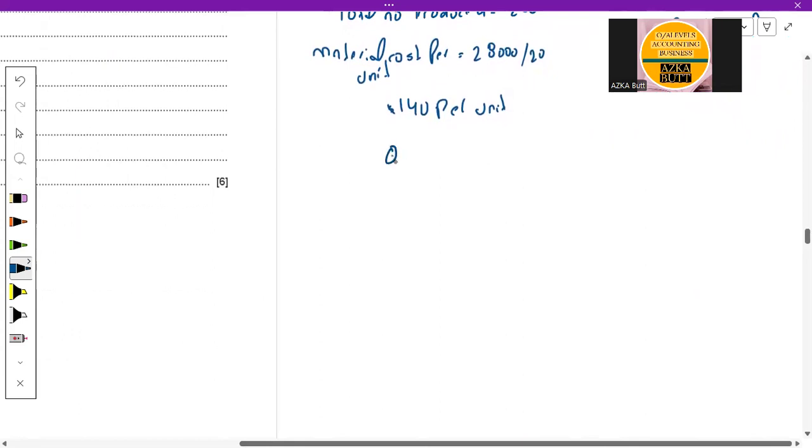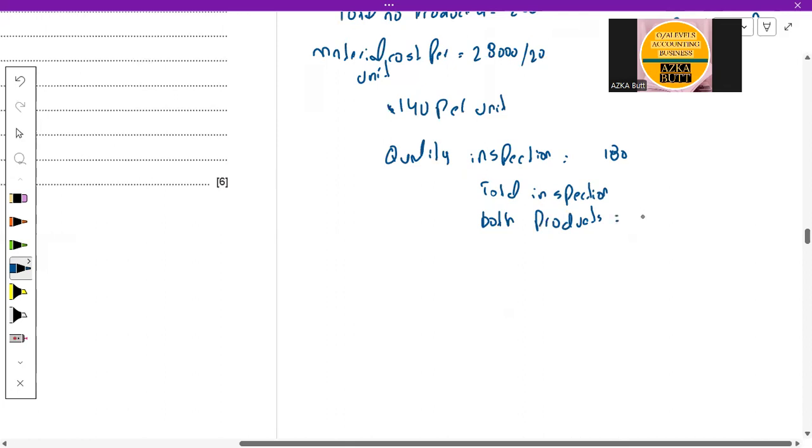For quality inspection, the total inspections for product A was 180, and the total inspections for both products was equal to 180 plus 320, which is equal to 500 inspections.